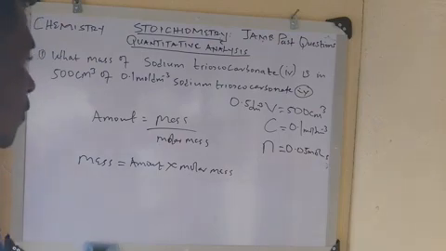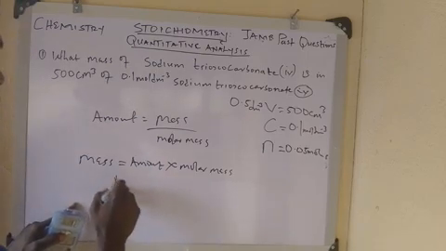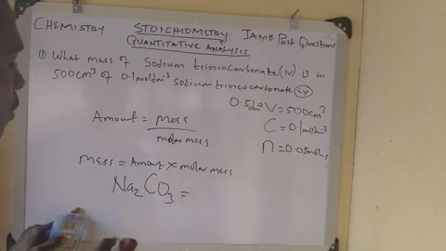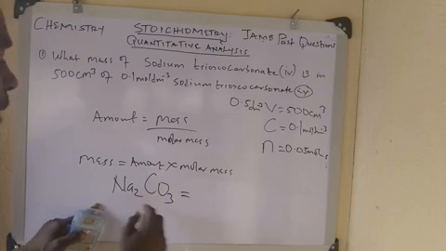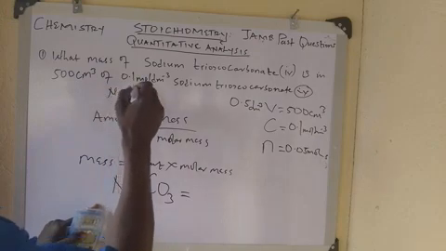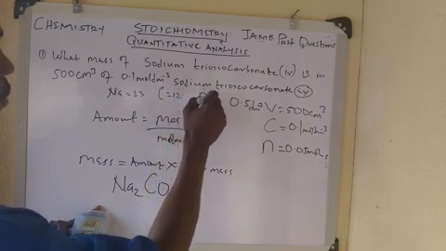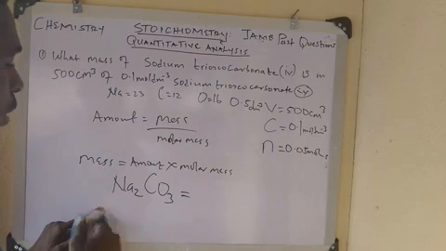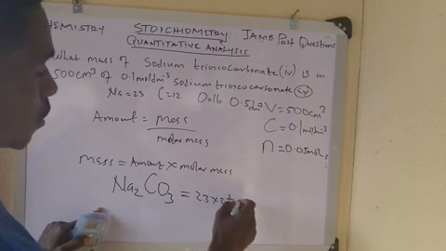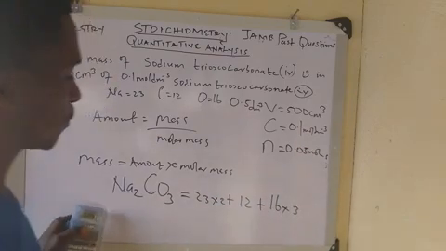So you know the molecular formula of the salt is Na2CO3. And you know that the molar mass of sodium is 23, carbon is 12, oxygen is 16. So let's calculate the molar mass. We have 23 times 2 plus 12 plus 16 times 3.